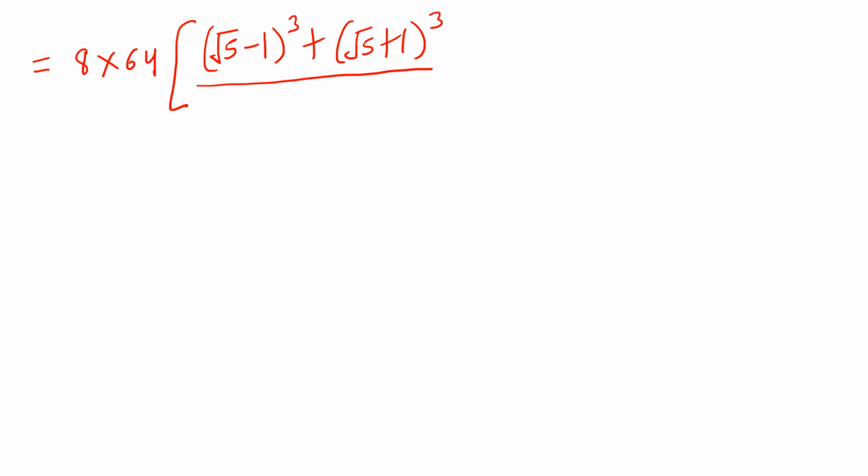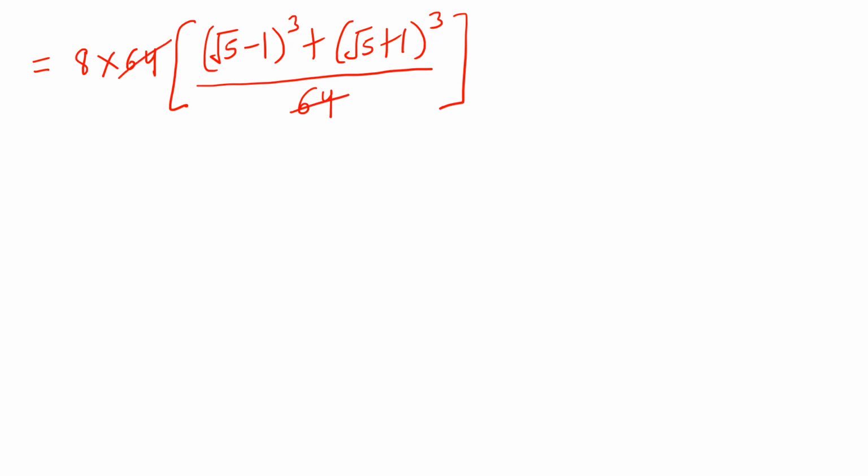We know that (a minus b) into (a plus b) is equal to a square minus b square. So root 5 minus 1 into root 5 plus 1 becomes equal to 5 minus 1, which is equal to 4. So in the denominator we get 4 cube, which is 64. And 64 gets cancelled up and down.